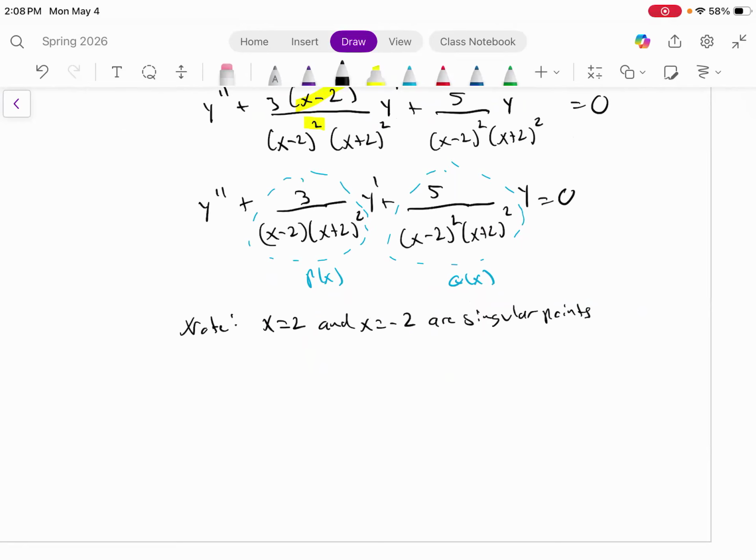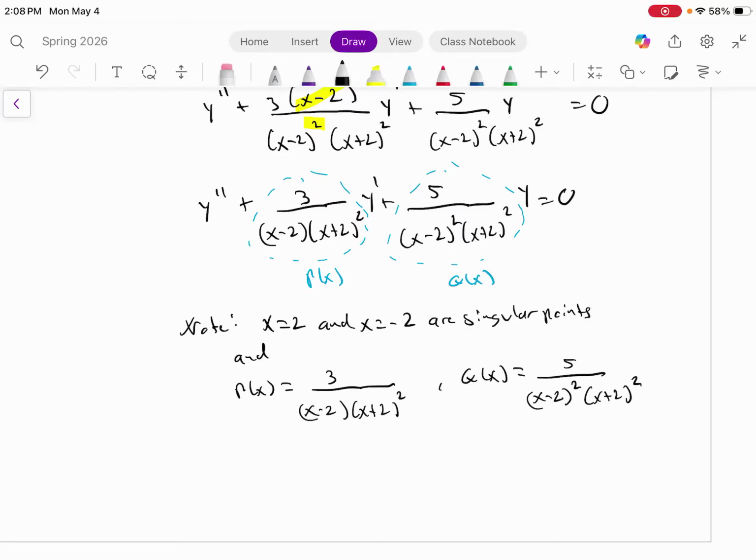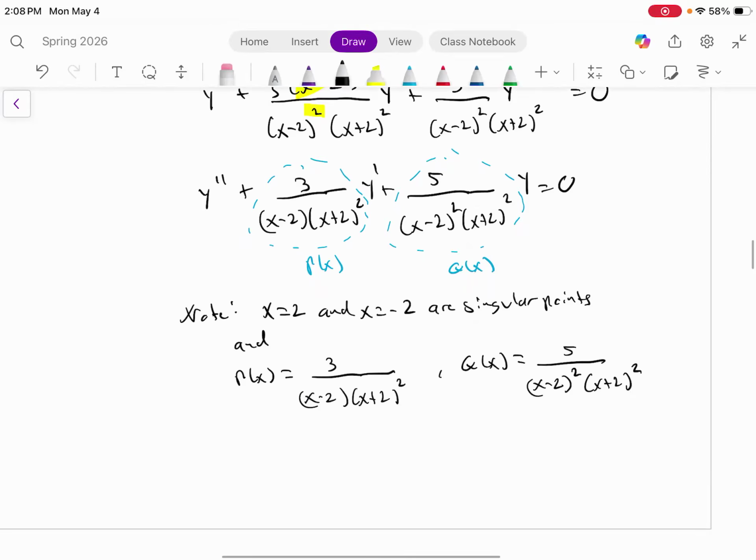And P of x equals 3 over x minus 2 times x plus 2 squared, and Q of x equals 5 over x minus 2 squared times x plus 2 squared. Okay, so we have P, we have Q, we know our singular points. Now we want to see if x equals 2 and x equals negative 2 are regular or irregular singular points.